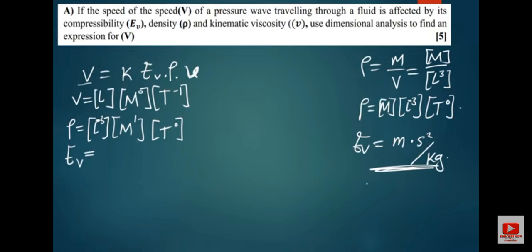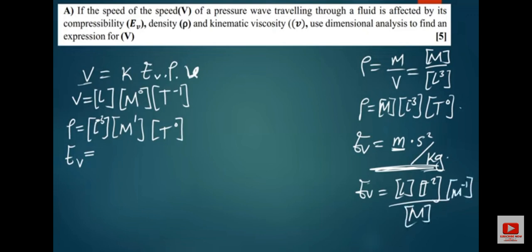So what this means is that our dimensions will be L for meters, the length, and then t to the power 2 for time, and then we have per kg. Kg is the mass, so we have m to the power -1.